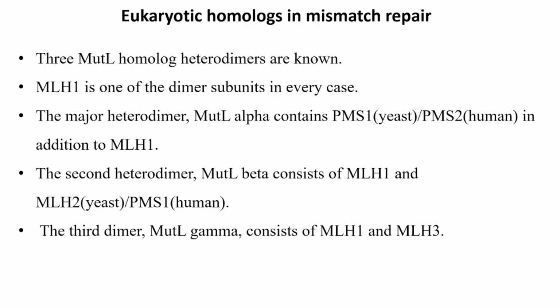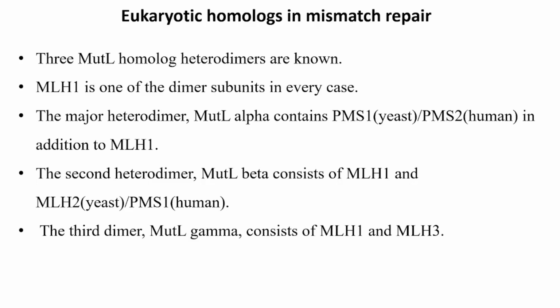Thus, in today's lecture, we have talked about mismatch repair system in prokaryotes, taking E. coli as the model organism. And we have seen how the E. coli mismatch repair system recognizes the mismatches and repairs it using the method of methylation to recognize the daughter strand from the parental strand.